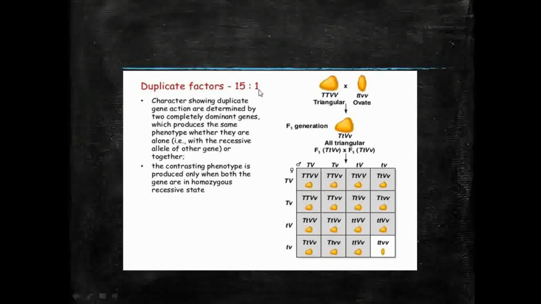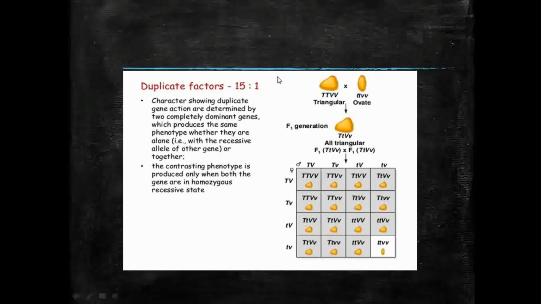This is also one of the modified forms of the dihybrid ratio, that is 9 is to 3 is to 3 is to 1.